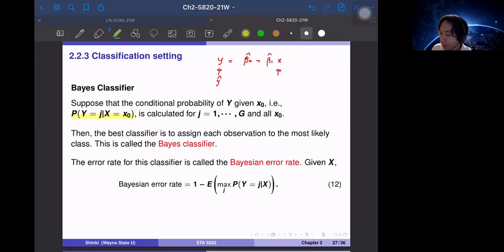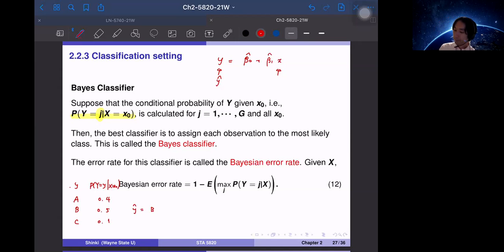And then we use the highest probability as the classification. Suppose we have classes A, B, C, and the probability of y being A, B, or C given the x value is 0.4, 0.5 and 0.1. Then we regard y hat as B because B has the highest probability.